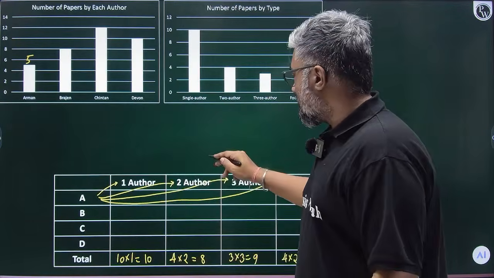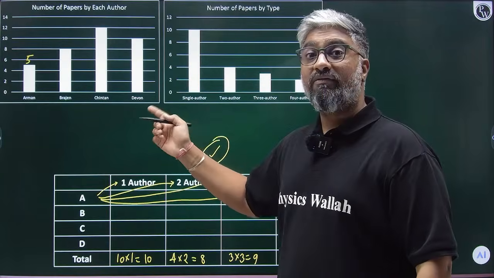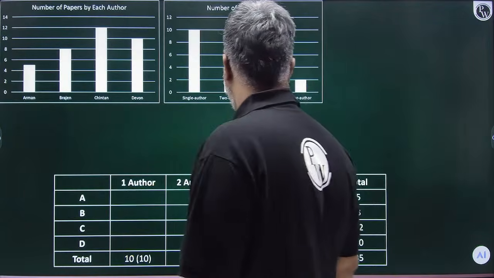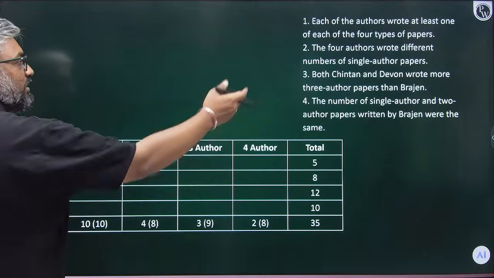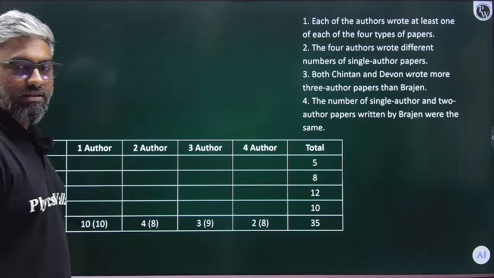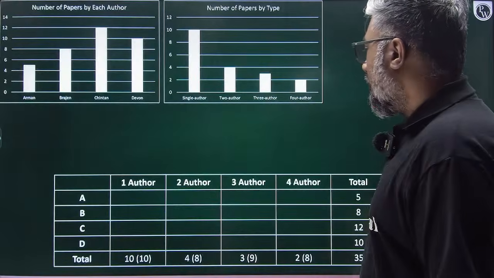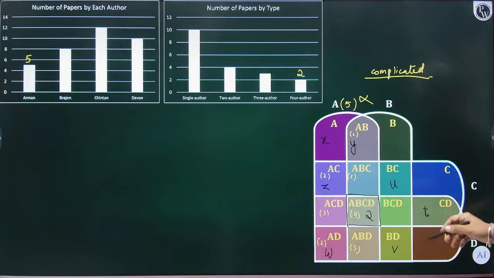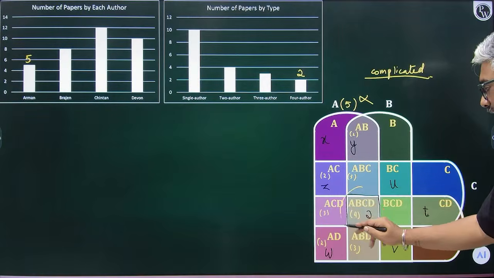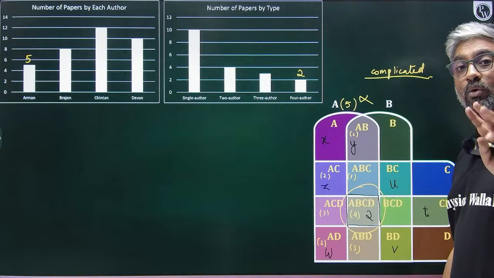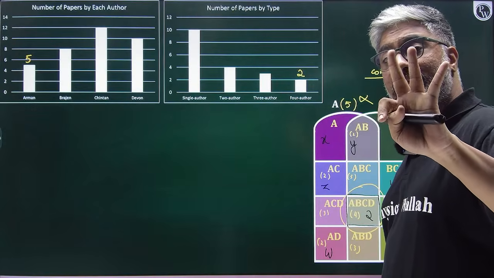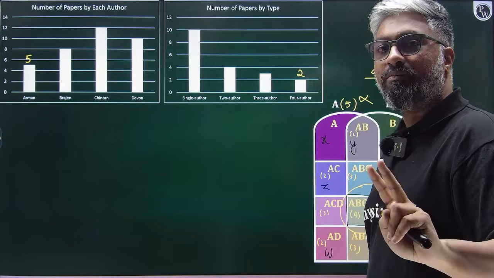Let's use this and go ahead and fill up with the help of the conditions given. Let's see if we can fill this up. Now, one thing, the starting point has to be what? This piece of information. You see this? A, B, C, D, all four of them write 2 papers, correct?